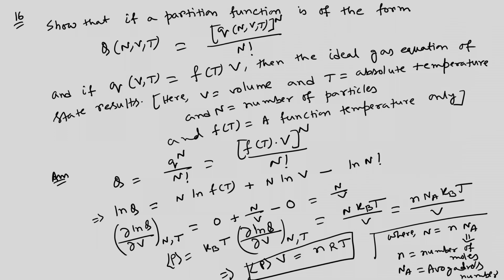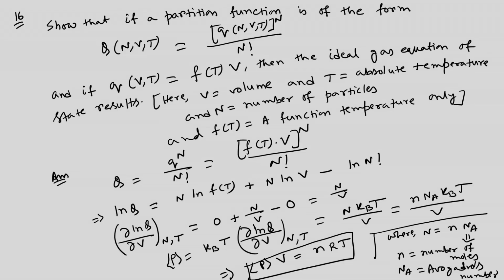I repeat again. Here the molecular partition function is a function of temperature times volume, and the partition function of the system Q is q to the N by factorial N. Now, if we substitute the molecular partition function by f(T) times V and take the log, we get ln Q equals N ln f(T) plus N ln V minus ln N factorial.